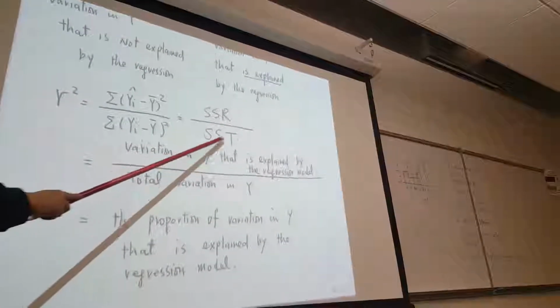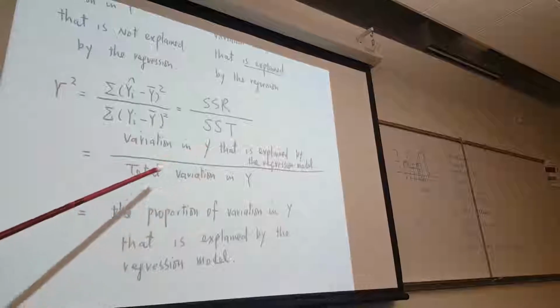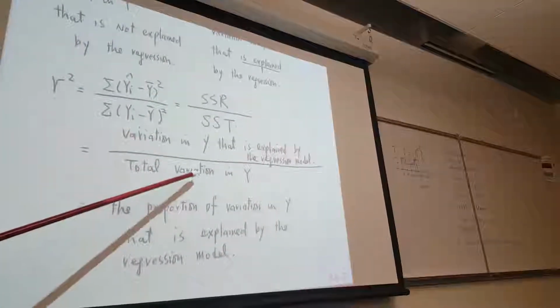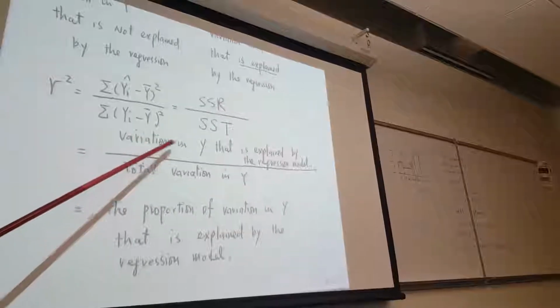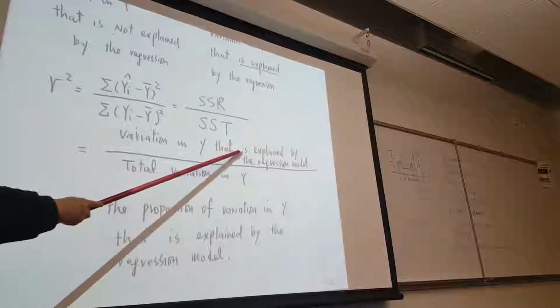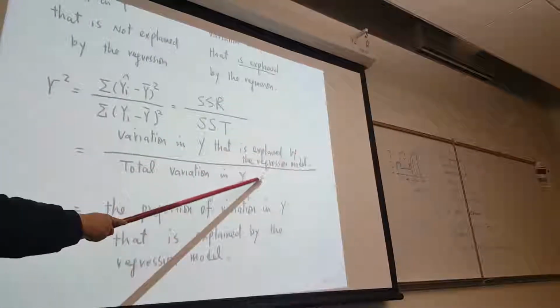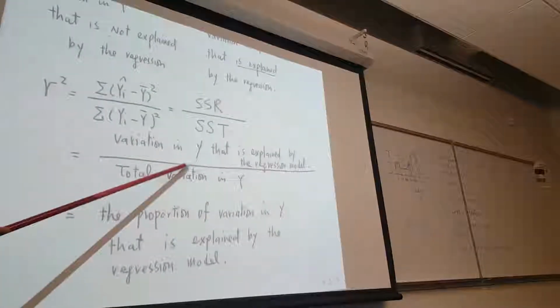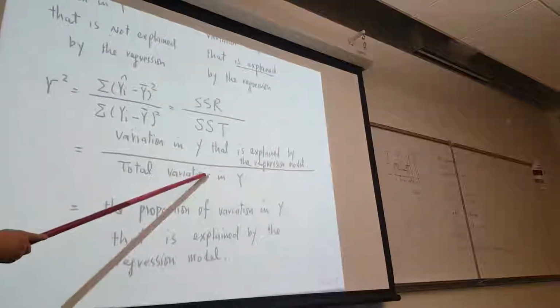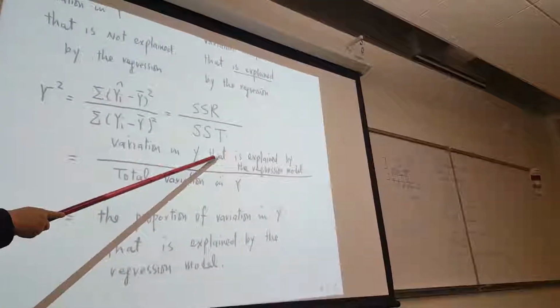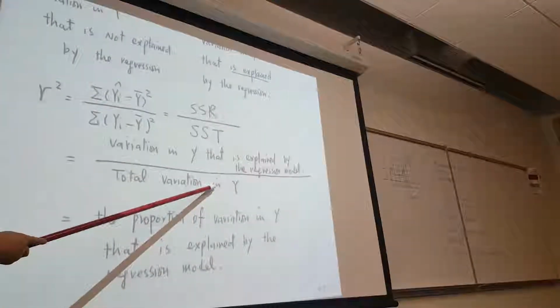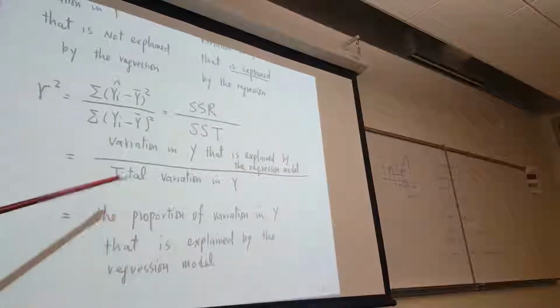Now, SST, beginning with the denominator, describes total variation in y. SSR is the variation in y that is explained by a regression model. This is the whole variation. This is just what? Part of it, okay? So variation in y that is explained by a regression model divided by total variation in y. This is a fraction concept.